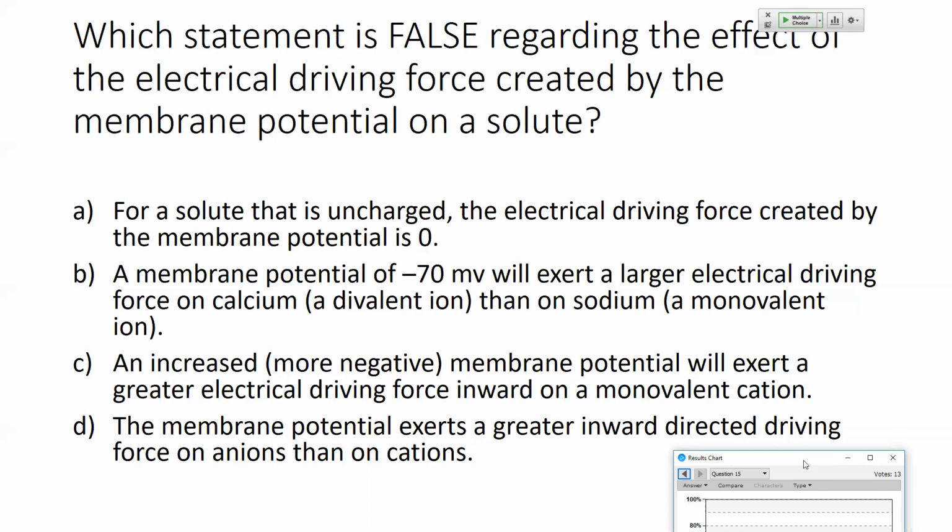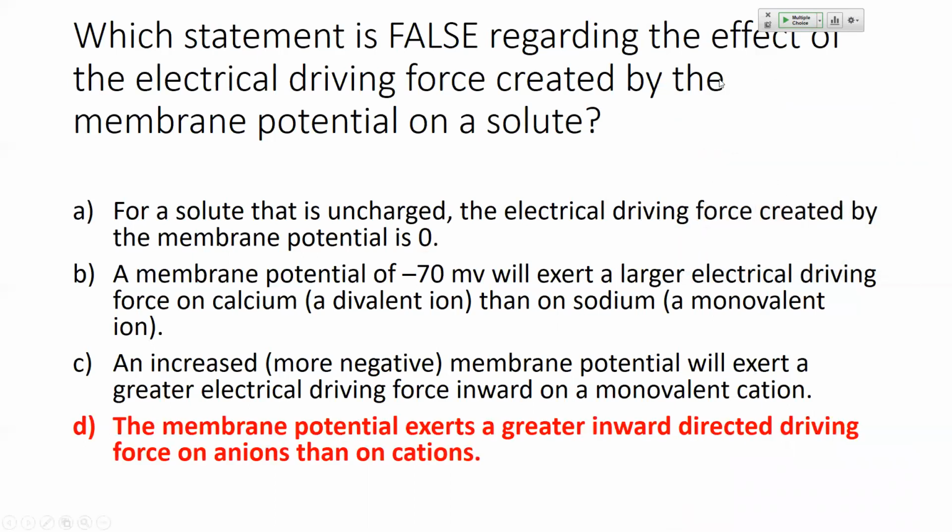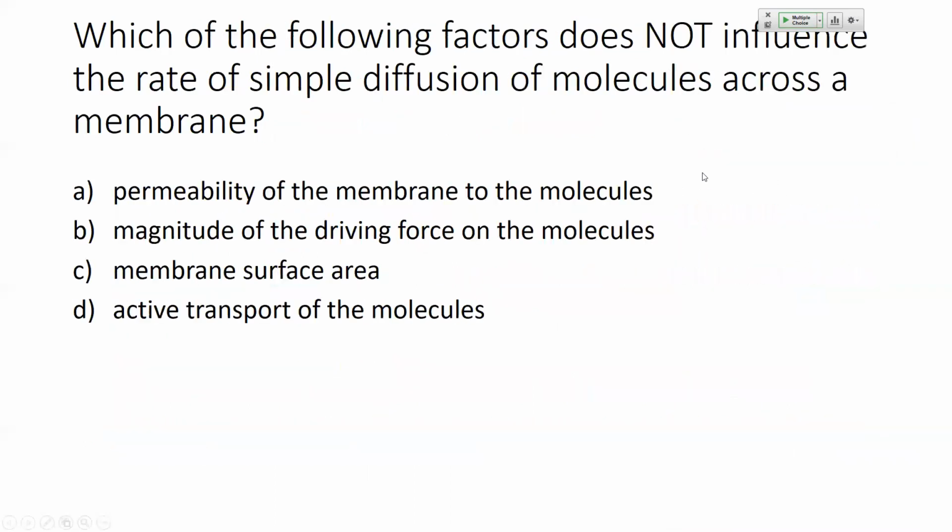Cations are positively charged. So they're going to want to go outwards, right? So D is incorrect. It's going to exhibit a greater outward force on anions rather than cations. All right. So D was the incorrect statement there. Okay.